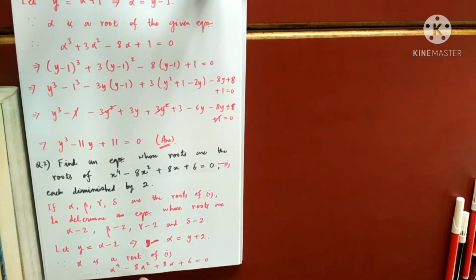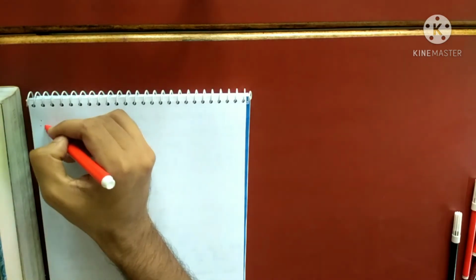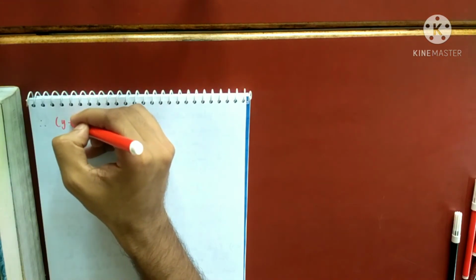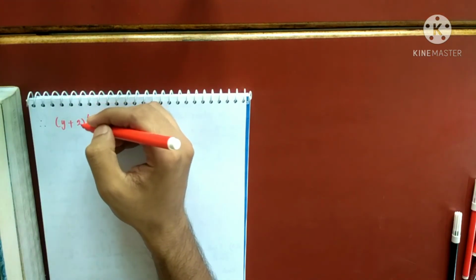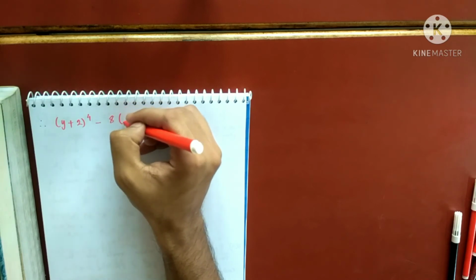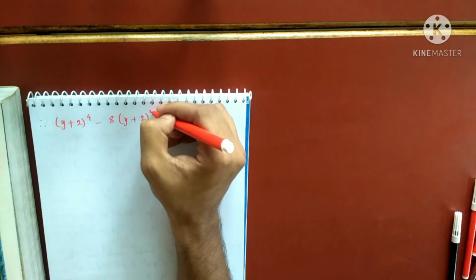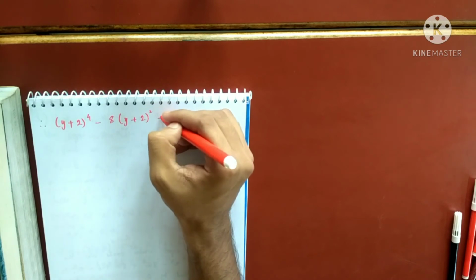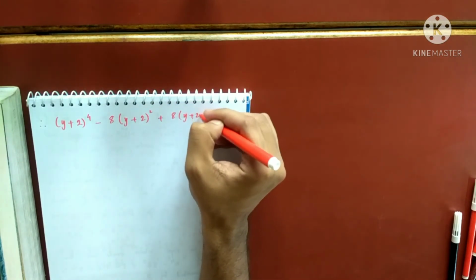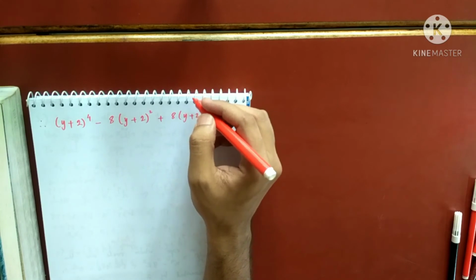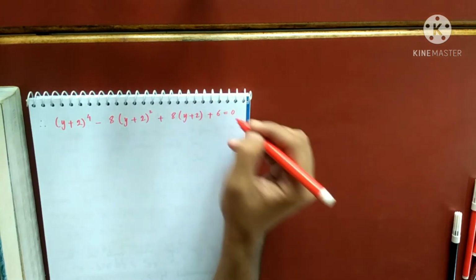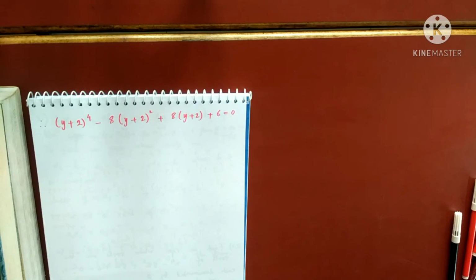So what am I getting? y plus 2 whole to the power 4 minus 8 times y plus 2 whole to the power 2 plus 8 times y plus 2 plus 6 equals to 0.